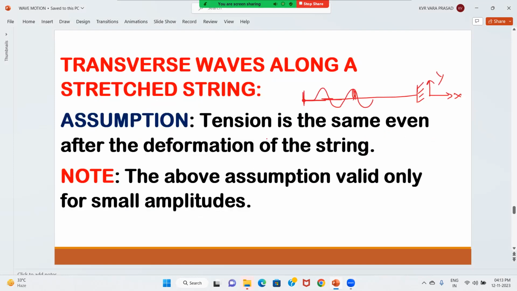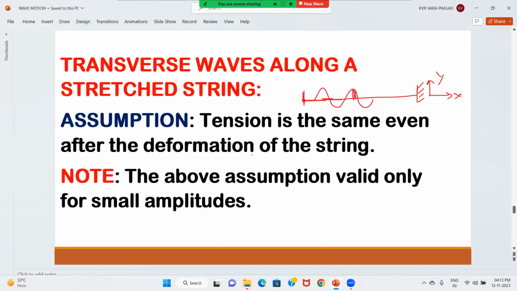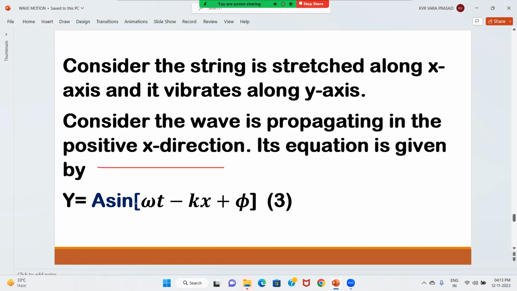That means what we can say here: the derivative of the phase should be zero. The phase is constant, because y equals A sine of the phase.